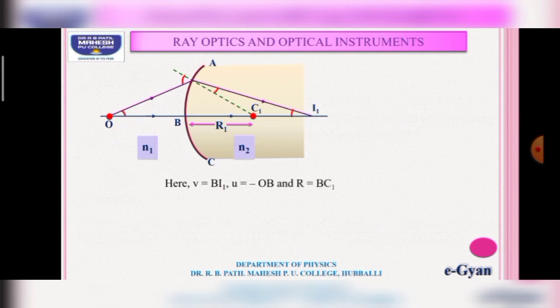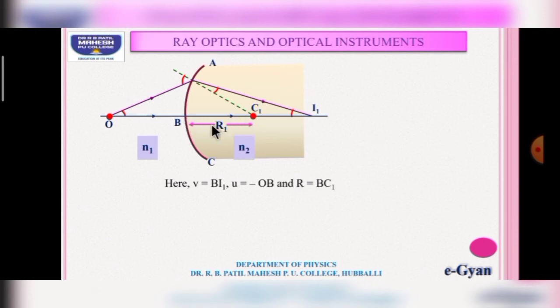Here V is equal to BI1, and U is equal to minus OB, since we are applying the Cartesian sign convention, and R1 is equal to BC1.